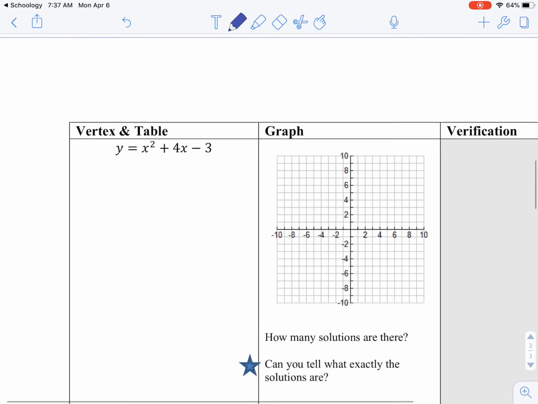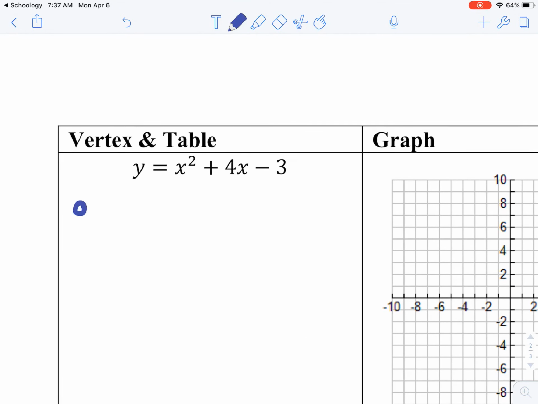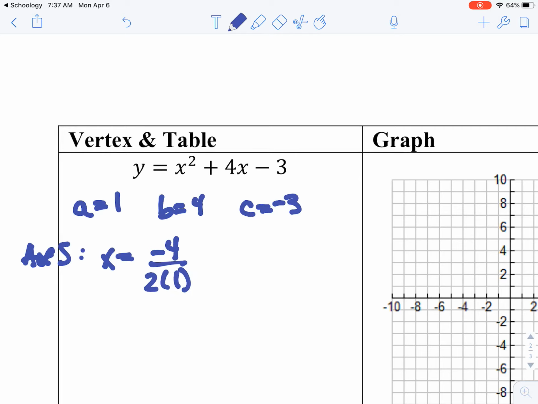All right, our last example here, we begin the same exact way, identify A, B, and C. Find my axis of symmetry. Then find my vertex.